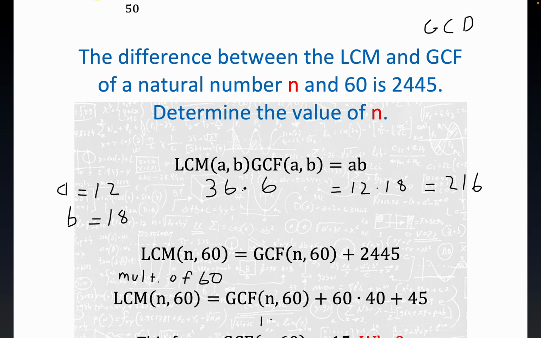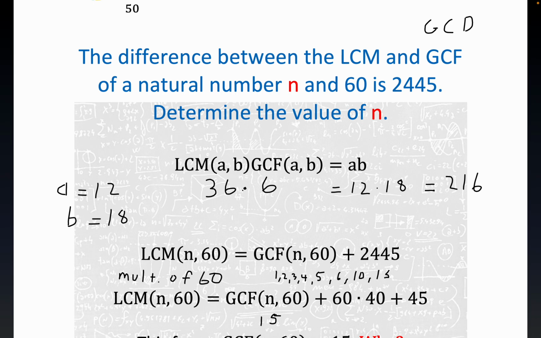To amplify that, the GCF would have to be a number from the set 1, 2, 3, 4, 5, 6, 10, and we see 15 is also in the list, right? It better be.